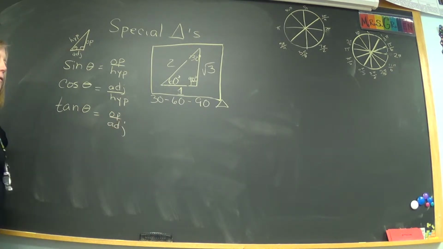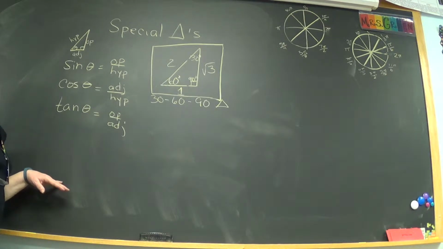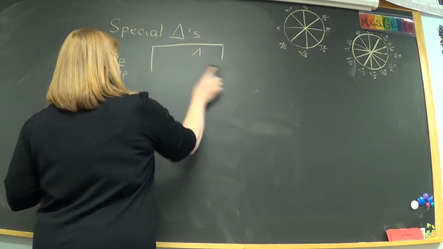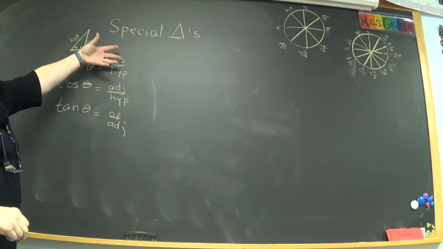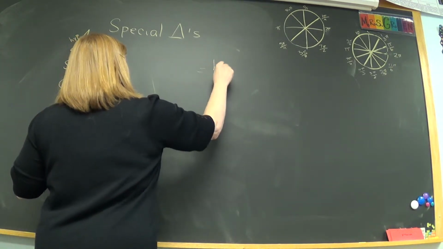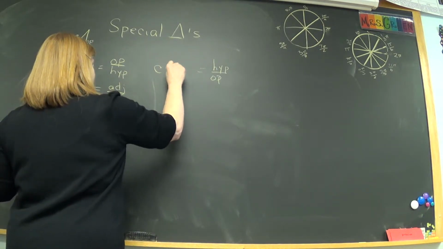Now we're going to go beyond physics class in that there are three other ones, and you've also seen those. It turns out that there's a flip of this one, and it's going to be hypotenuse over opposite, and its name is cosecant.